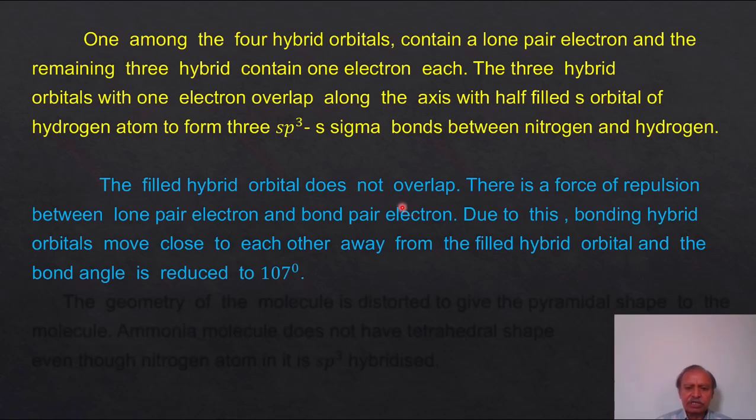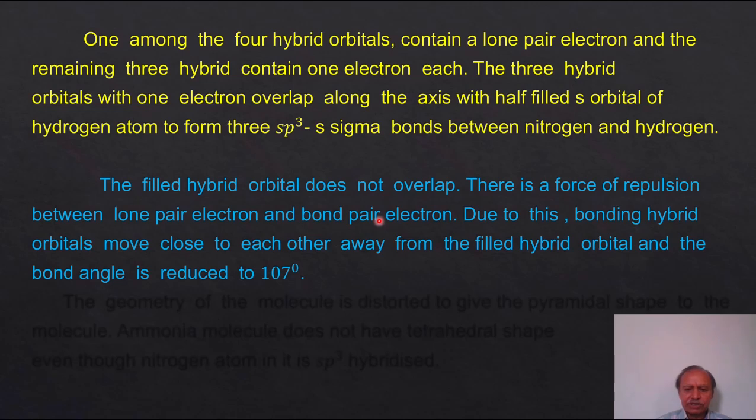Because of the presence of the lone pair of electrons in the filled hybrid orbital, there will be a force of repulsion between the lone pair electrons and the bond pair electrons. The bond pair is the pair of electrons shared between nitrogen and hydrogen.